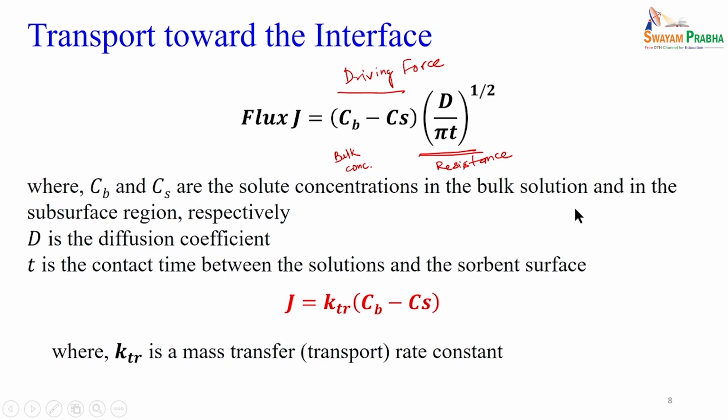So, the flux is proportional to delta C into the diffusivity divided by t to the power half.